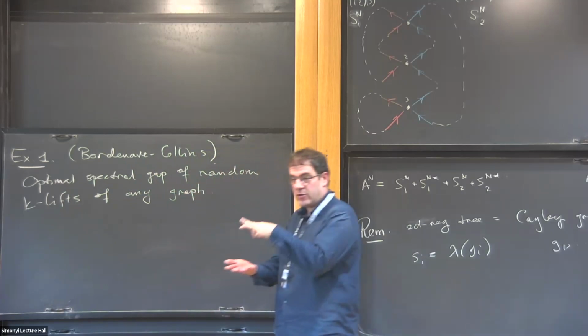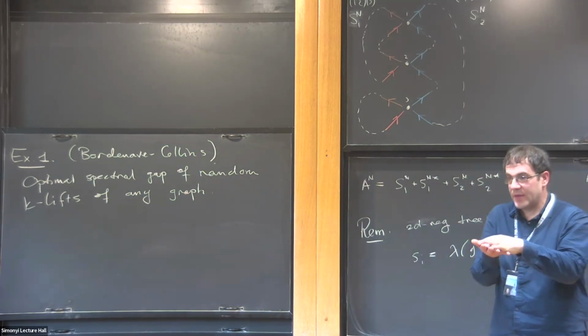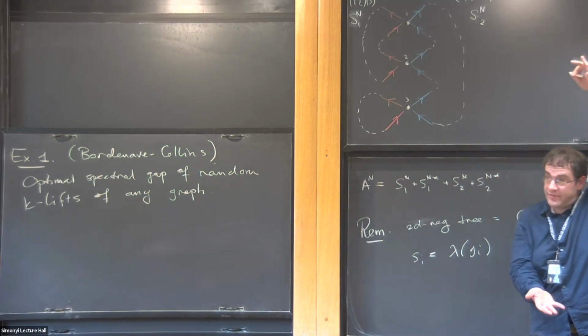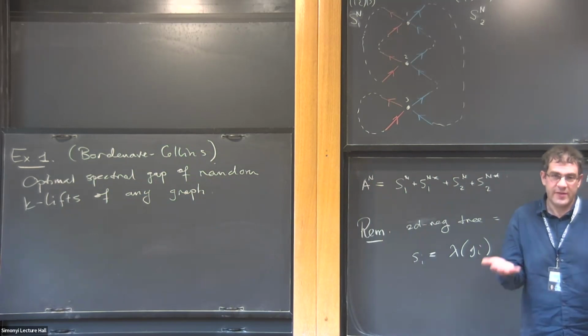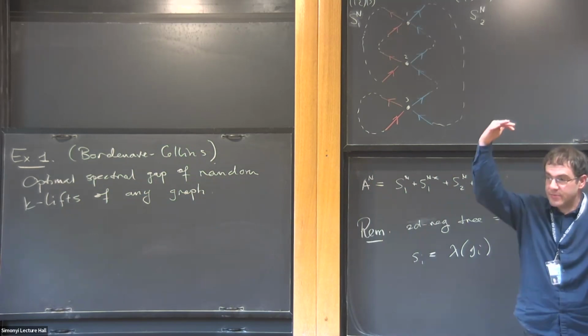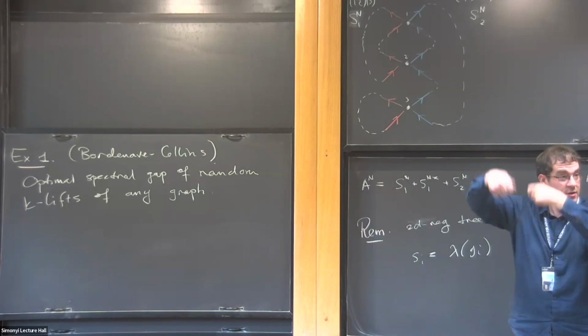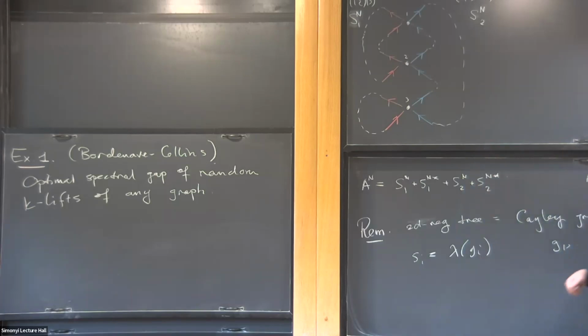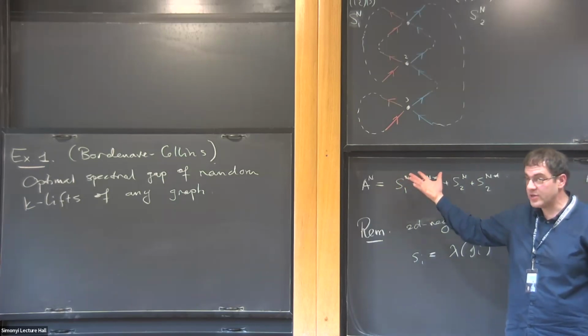We start with a finite graph. And then there is a way to generate a sequence of finite covering graphs of the original graph called k-lifts. What you do is you take your fixed graph, you duplicate it k times, and then you scramble the edges of the graphs between the different copies. This scrambling is done by means of these random permutations. So that's where the random permutations come in.